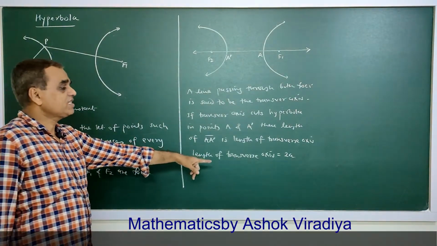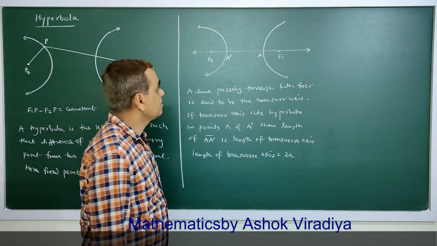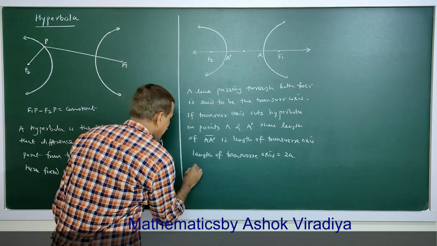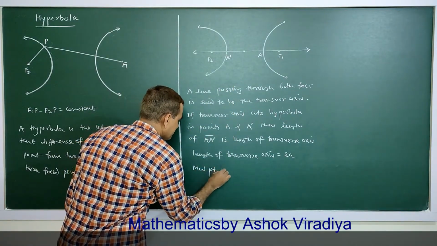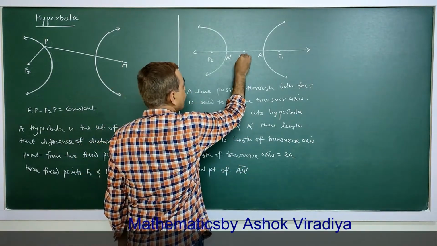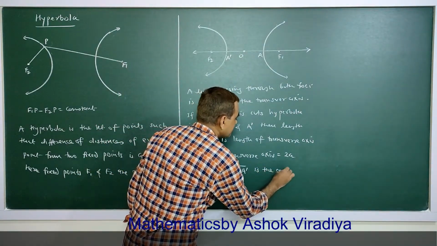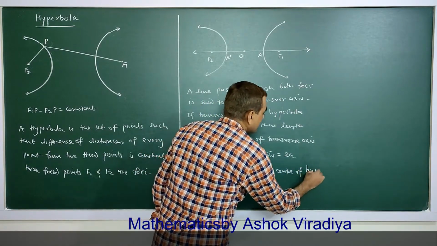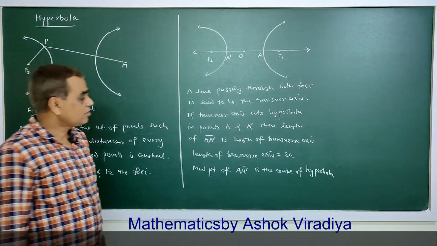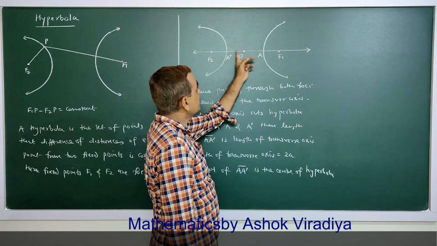The length of the transverse axis is always taken as 2a. The midpoint of this transverse axis, the midpoint of this line segment A A dash, let me say this is O. It is the center of the hyperbola. So this distance is a, this distance is a, so the total is 2a.